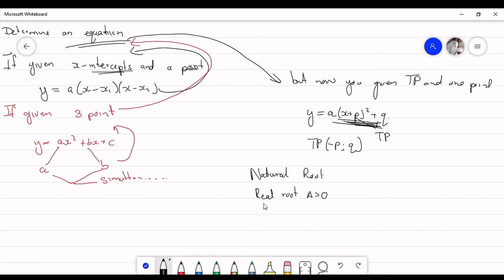And if you are having equal roots, it should be equal to 0. And if you are having non-real roots, then it should be less than 0. So these are the properties for a parabolic function.